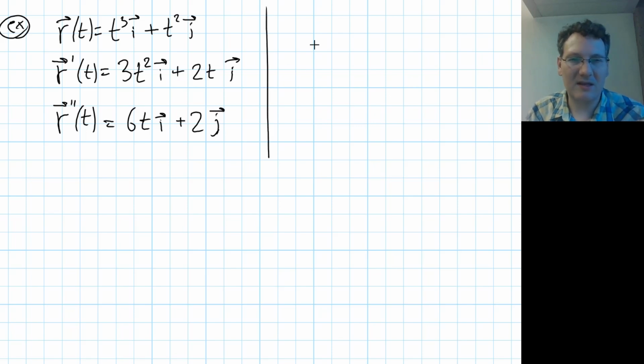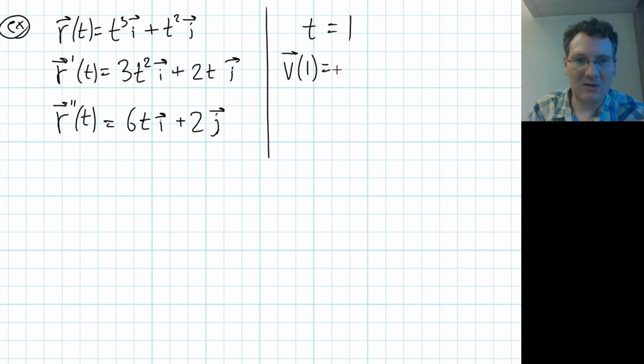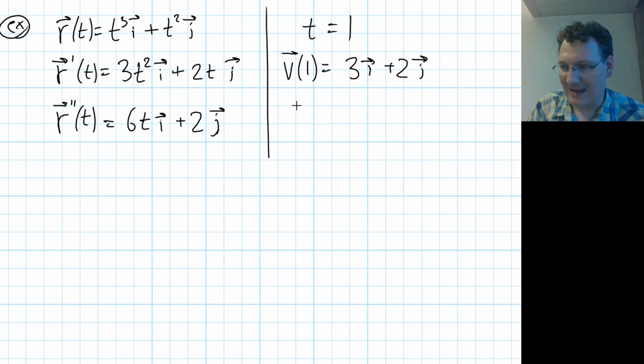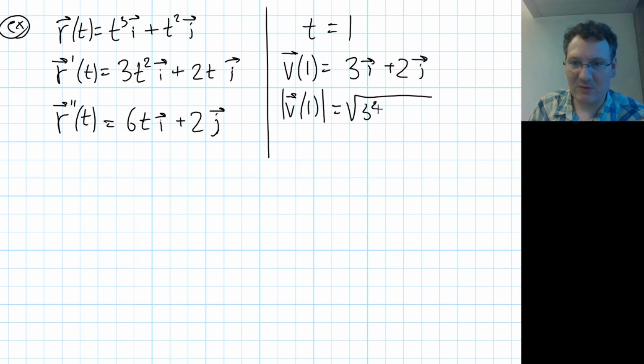So when t equals 1, the velocity at time 1 is going to be 3i plus 2j. The speed at time 1 is going to be the square root of 3 squared plus 2 squared, so that's 9 plus 4, the square root of 13.